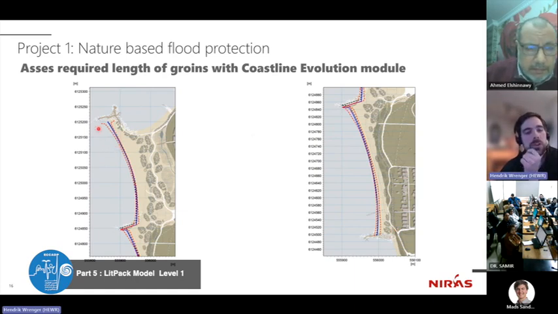And then the question was, how long should these be? Because as you remember, the equilibrium orientation is on average, but of course you can have single events which come quite from a different angle. And during those single events, you can have transport, as the model also shows, but in the time evolution, along the shore.